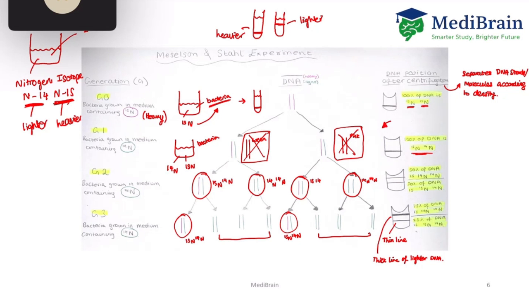We only got it because the two strands of original DNA separated and the 14N paired with the original strands of DNA. And we saw that continuously. We didn't get the expected ratios, and that's why we proved that DNA replication was semi-conservative.